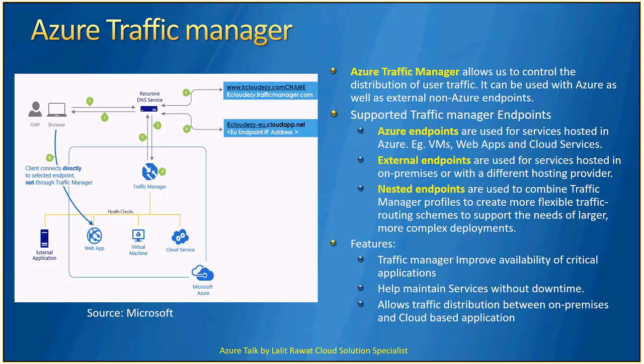If it is performance based or region based, it routes the traffic to the particular website, or if you're using external applications, it goes there. The response comes back to the client directly, selecting the endpoint, not through Traffic Manager. So this diagram shows how, based on your requirement and how you configure your Traffic Manager, it routes the traffic. Let's move to the next slide.